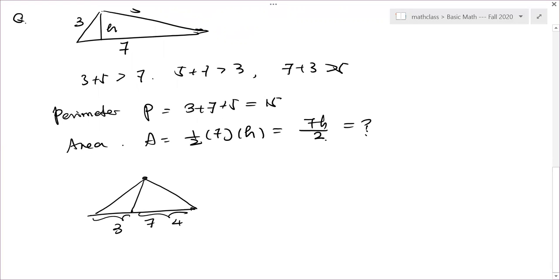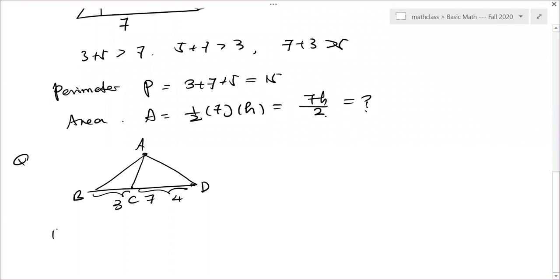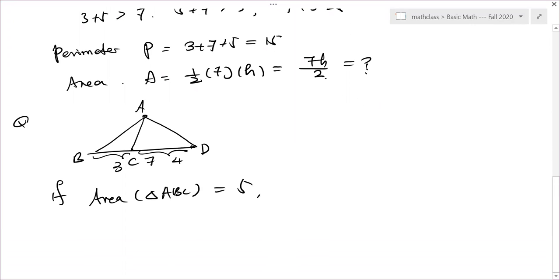Is this triangle A, B, C, D? If I know the area of triangle ABC is 5, can I find the area of the other one, ACD? So there are two triangles here.